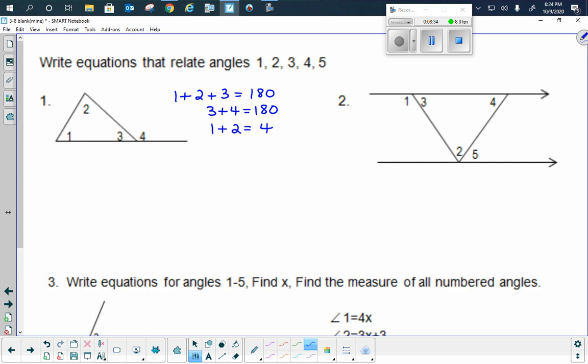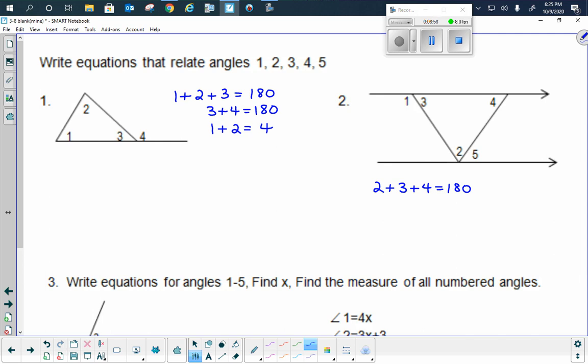All right, first one, a little old stuff. I hope you're seeing that because of the triangle, angle 2 plus 3 plus 4 equals 180.